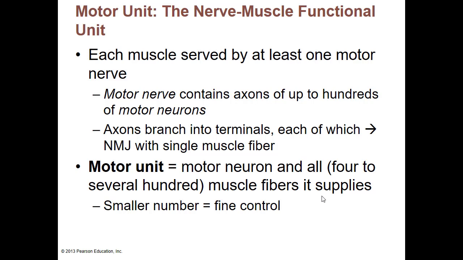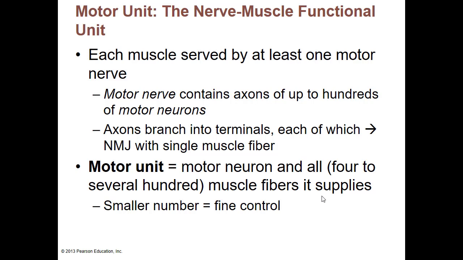One nerve, and a nerve is a whole bunch of axons. One nerve contains axons of up to hundreds of motor neurons. A neuron is those cells that have the dendrites and axons and axon terminals. So one nerve that comes off of your spinal cord can have hundreds of neurons all going out to your muscles to tell them to contract.